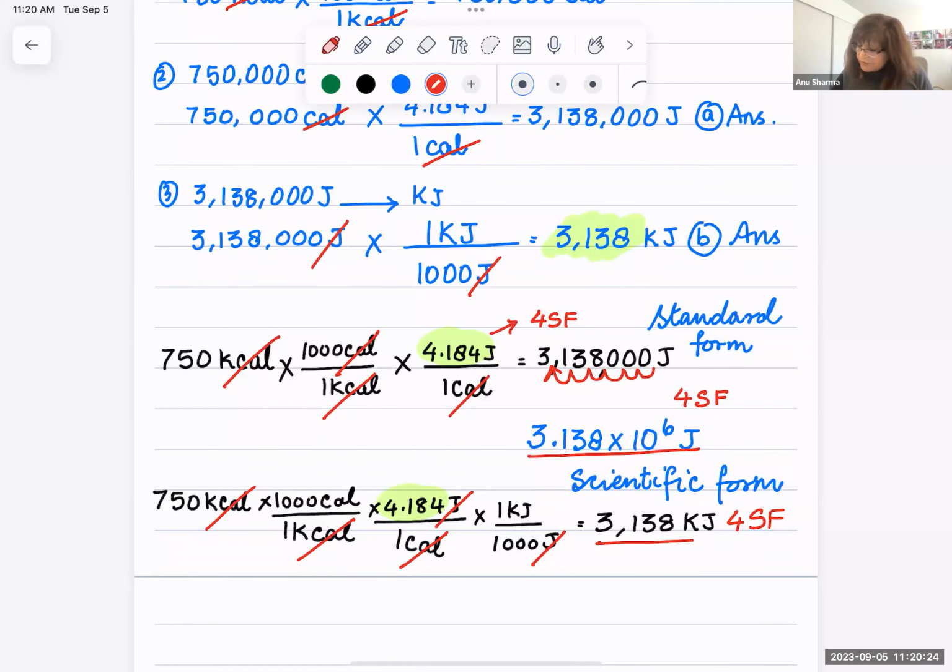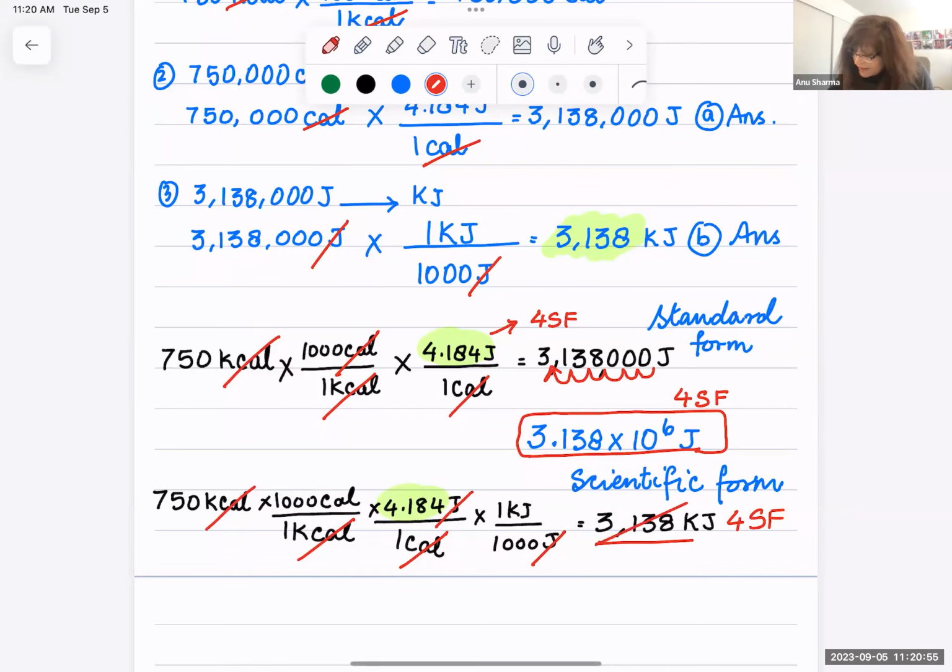If the choice is given to you in the multiple choice and you have this answer, this is actually more exact, because we're looking at 4 significant figures here and the rest of them are anyway 0, so we are dropping them. But every time the decimal comes into play, a little bit of the error also comes into play.